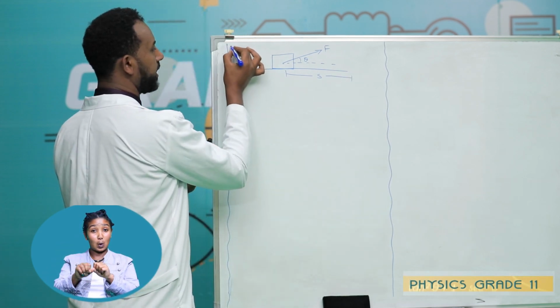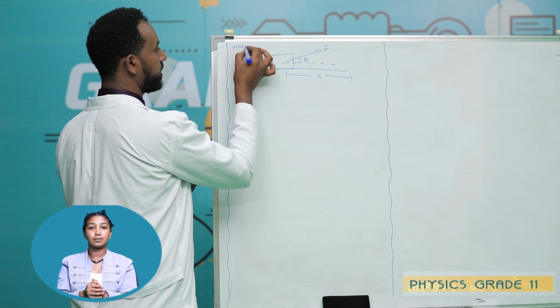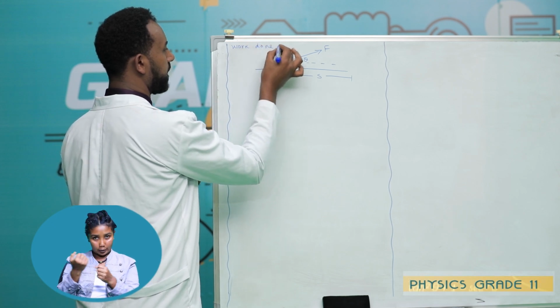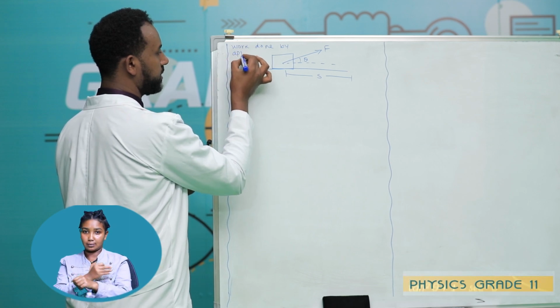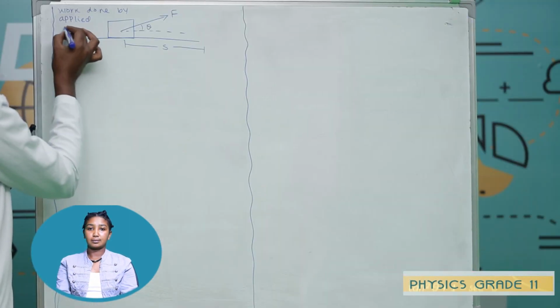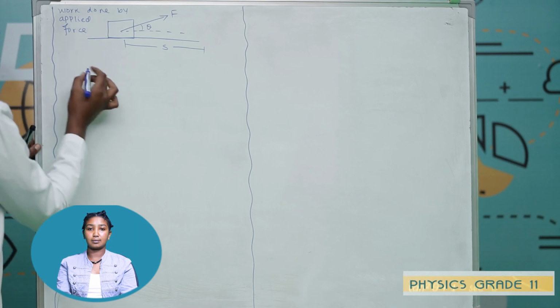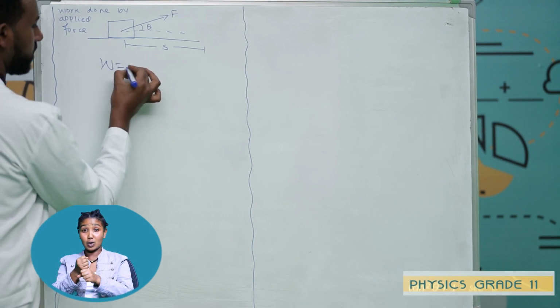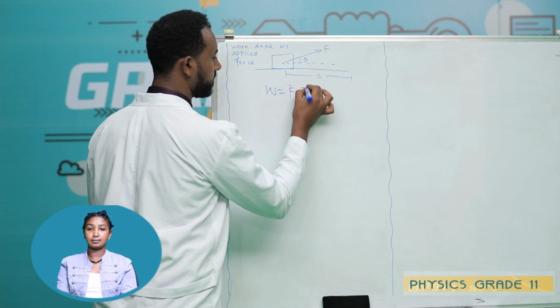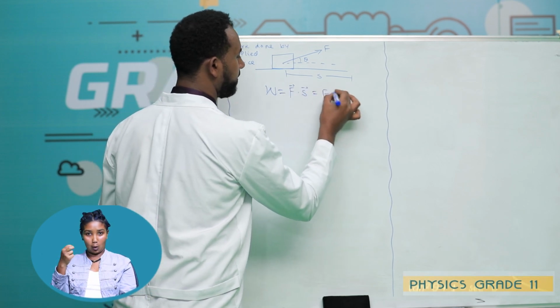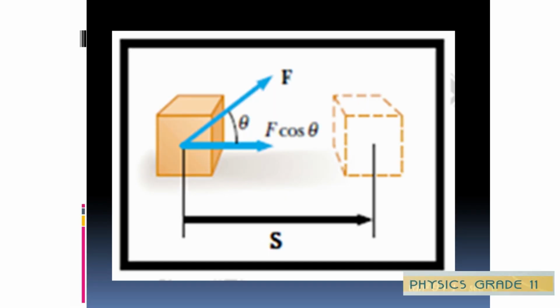So the work done by the applied force is determined as work equals F dot s, or F times s cosine of theta.